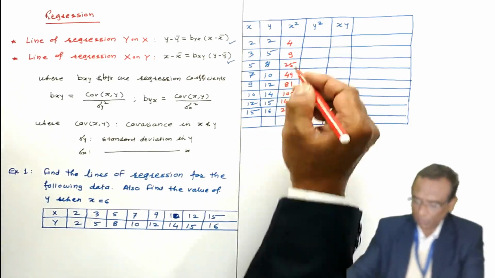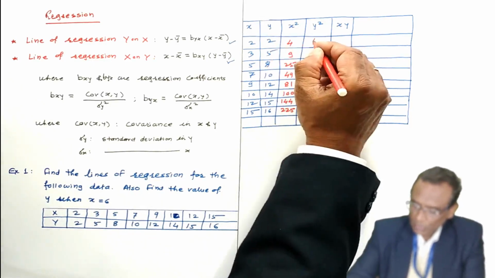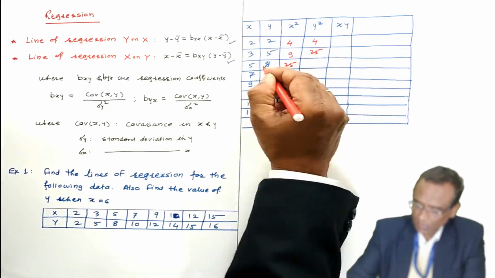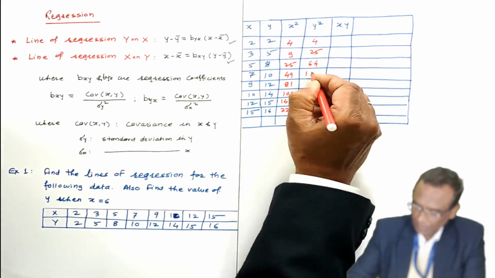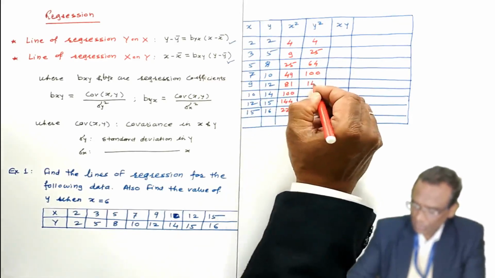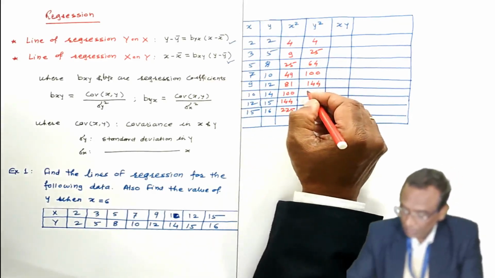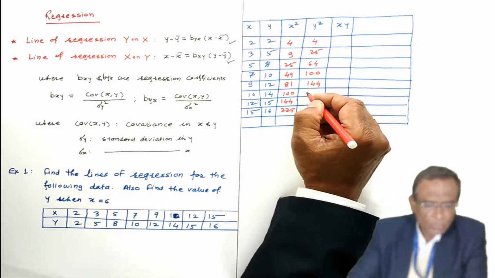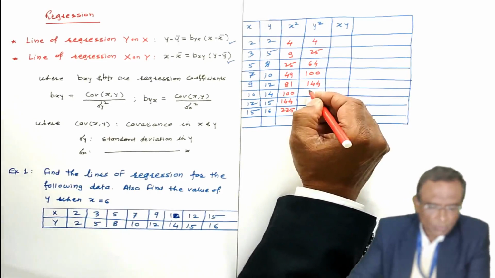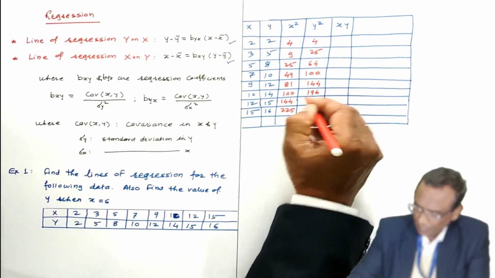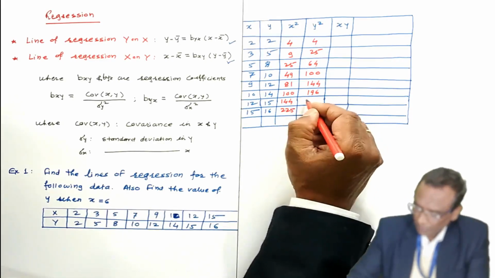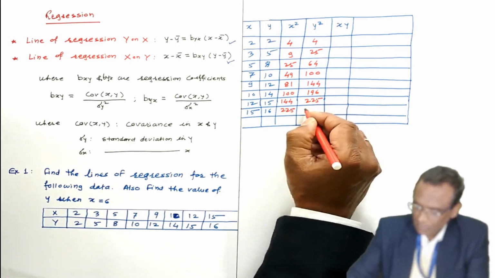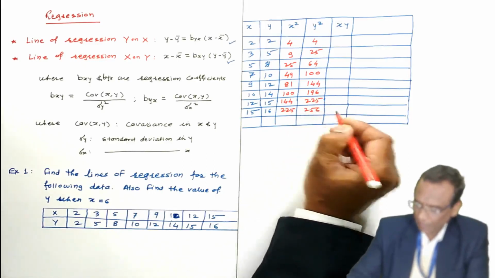Y square is what? 2 square is 4, 5 square, 8 square, 10 square, 12 square, 14 square. 14 square is what? 196. Then 15 square is 225 and 16 square is 256.